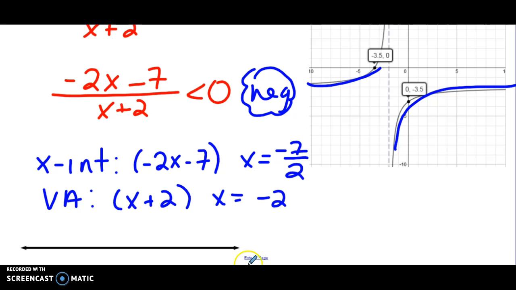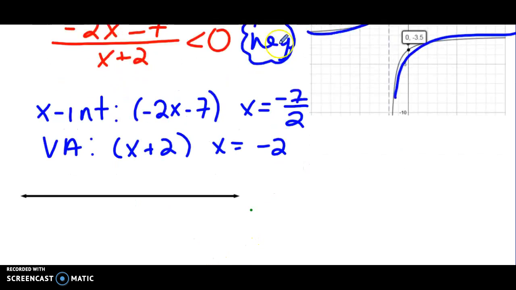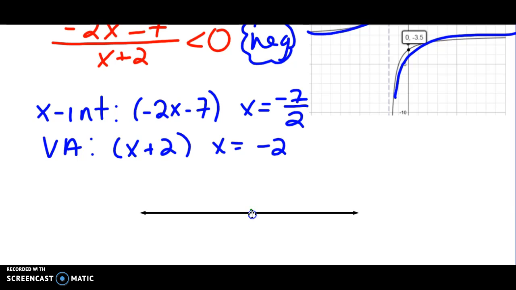So we're going to go ahead and place those numbers on the number line here. So we have a negative 3.5, and a negative 2. And we're going to go ahead and test some values.